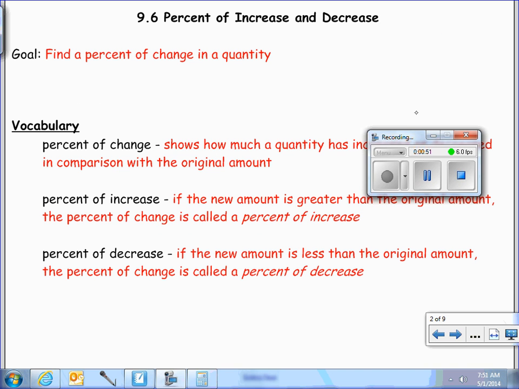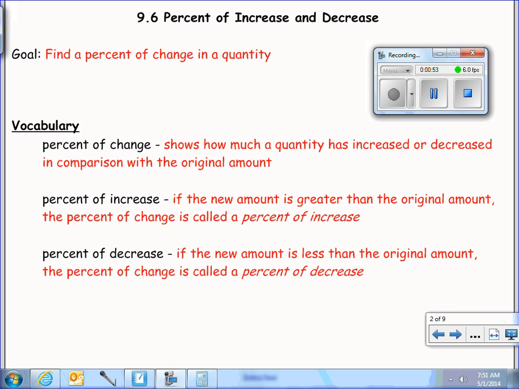Now, in today's lesson, you're going to learn the percent of increase and decrease. My goal to teach you today is to find a percent of change in a quantity. So vocabulary, these are the three sets of terms that you're going to be familiar with in this lesson.